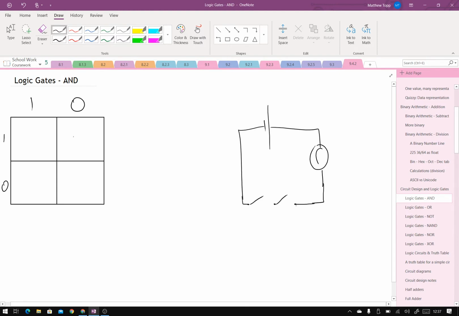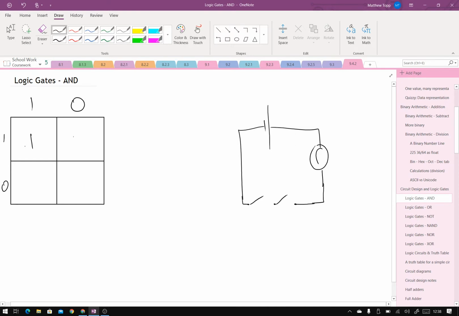For the light to switch on, both switches need to be on, correct? So switch 1 and switch 2. This is our logic. So for a 1 output, where a 0 output is light off and a 1 output is light on, what has to happen? Both switches need to be on. So in terms of our logic, 1 and 1 gives 1.